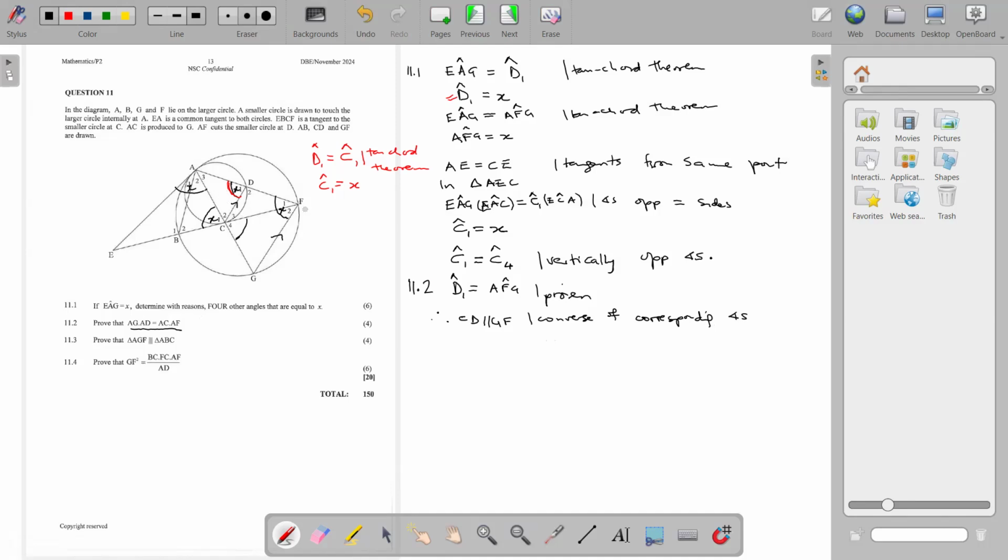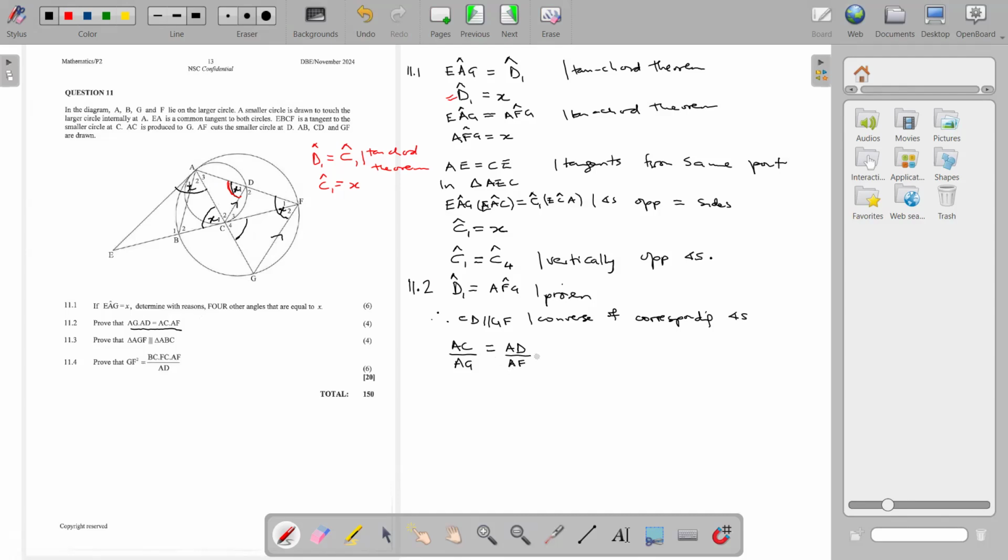And we have this triangle and this triangle. So we can now apply proportionality theorem. We can say AC divided by AG must be equal to AD divided by AF.